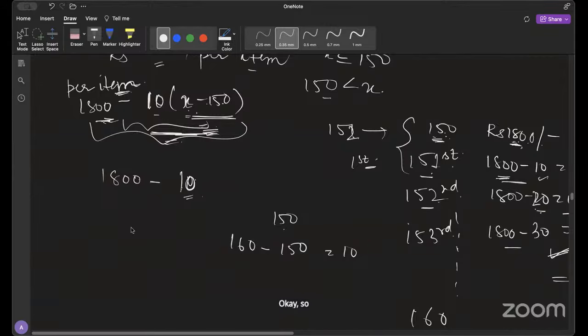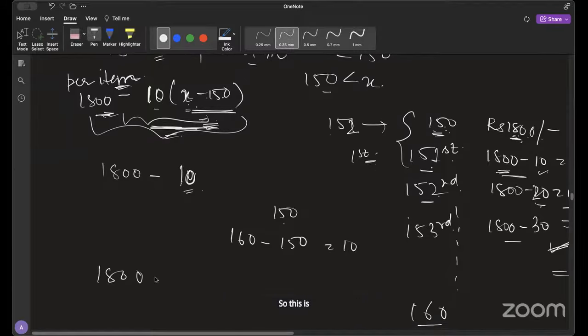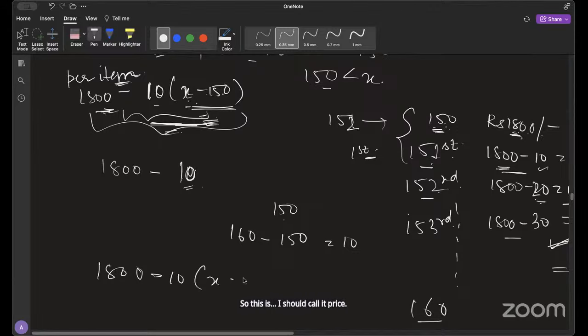Okay, so per item it's 1800. If you put 151 here, you'll get the price for the 151st item. So I should call this the cost for the xth item.